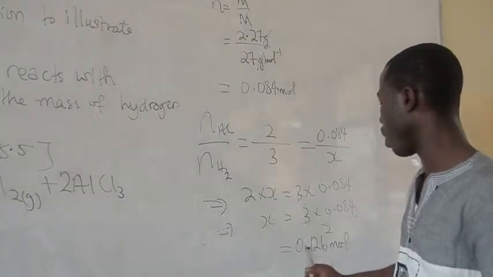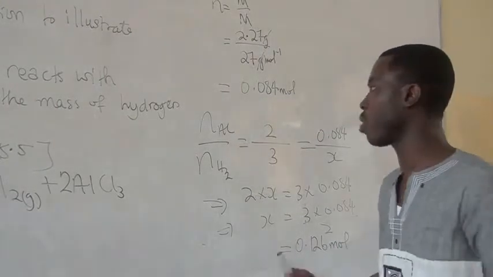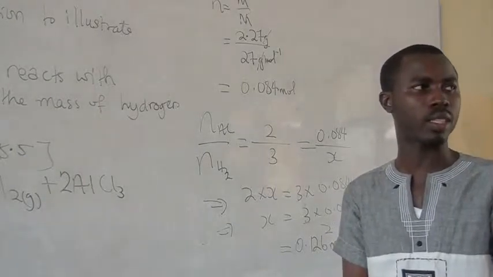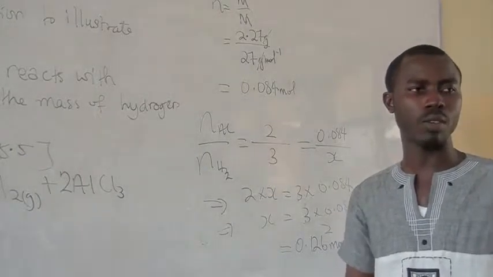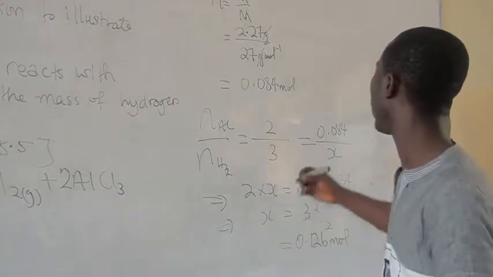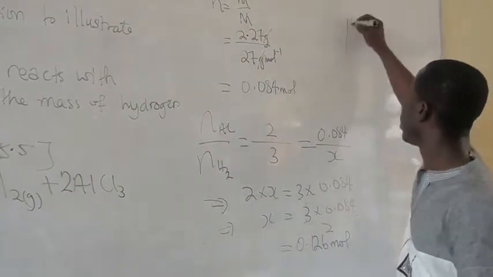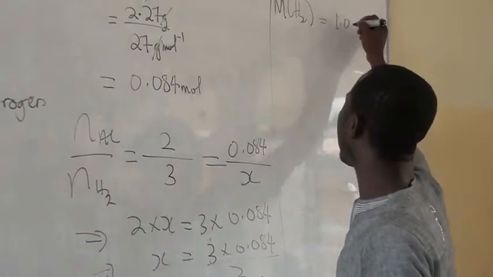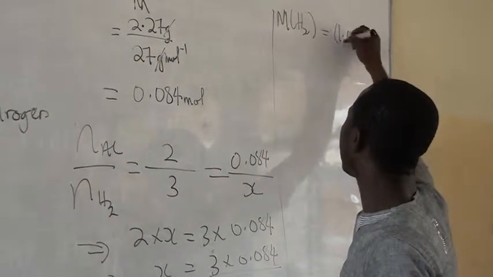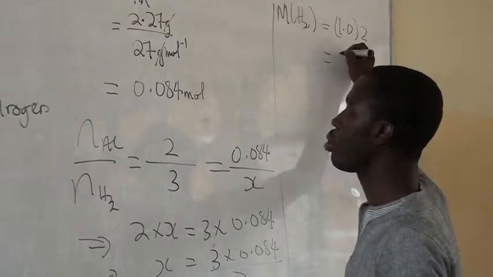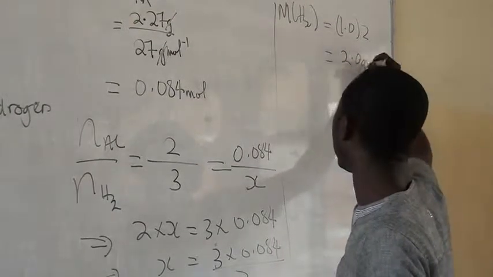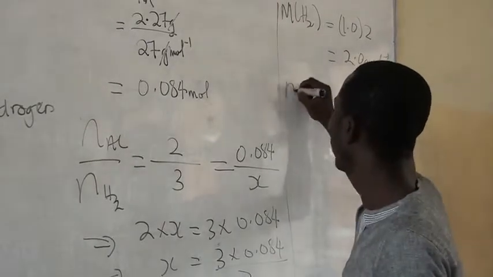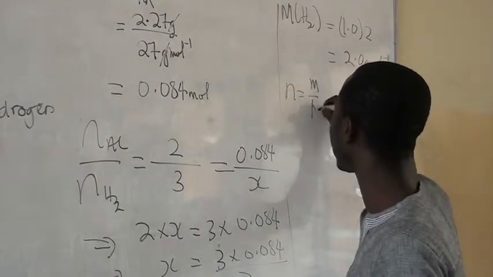Having gotten 0.126, now we know the number of moles of the hydrogen. So what do we do next? Find the molar mass of the hydrogen. Now, the molar mass of the H2 is 1.0 times 2, and that gives you 2 grams per mole. Having gotten the molar mass, n equals mass over molar mass.